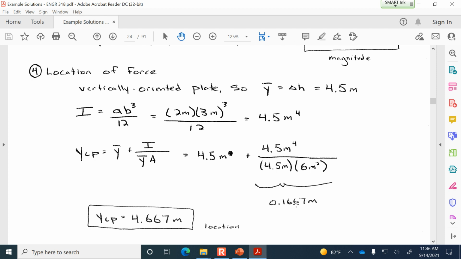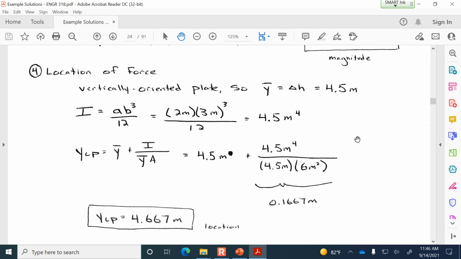So the gap distance between where the force is applied and our center of area is 0.1667. So from the water surface to the center of that force location is 4.667. So here's where the force is applied, and that distance is 0.1667. And that would be significant if we were going to have to apply some sort of a force to resist that rotational tendency.